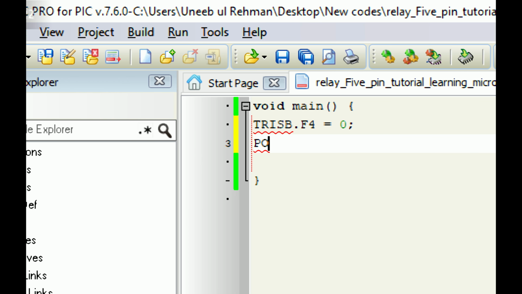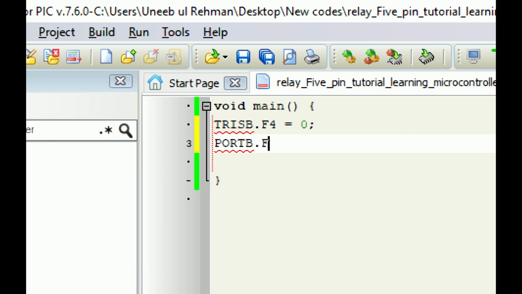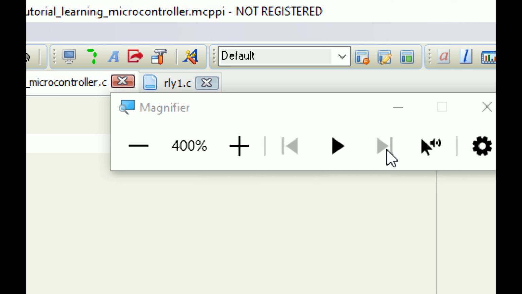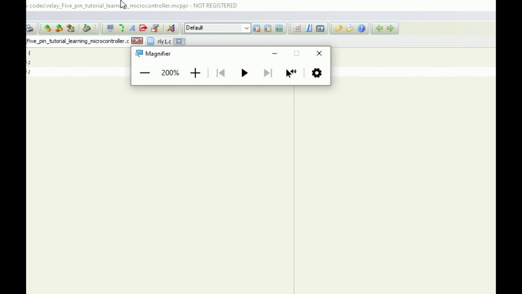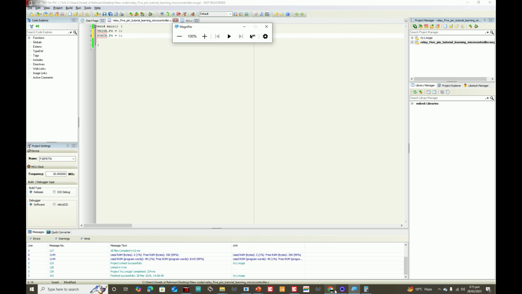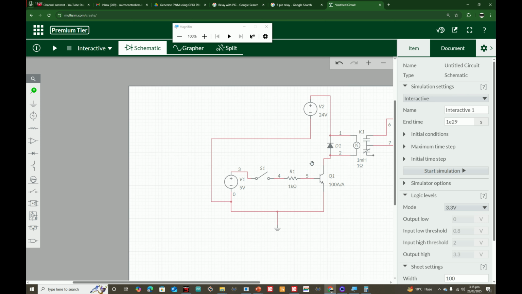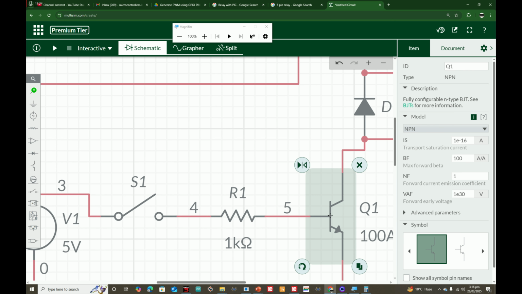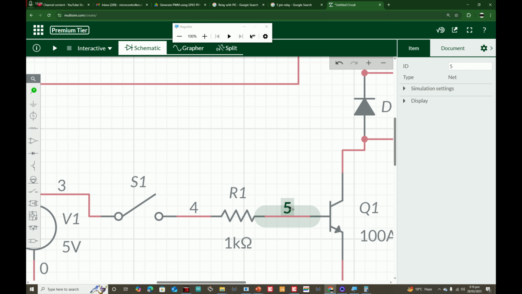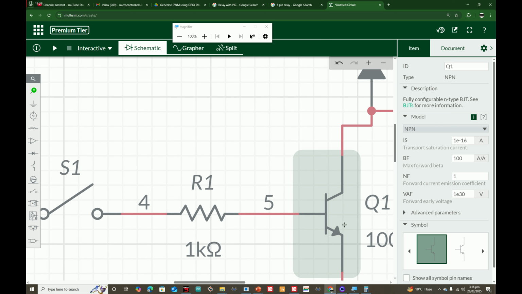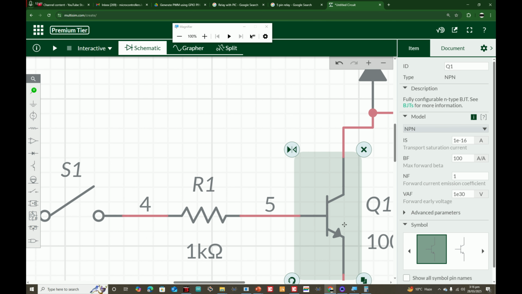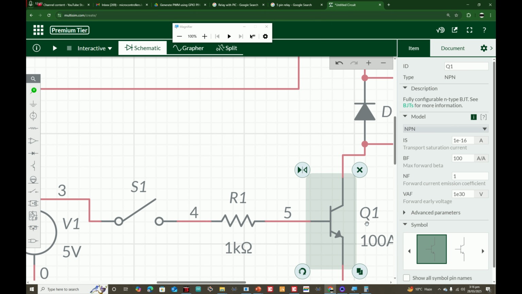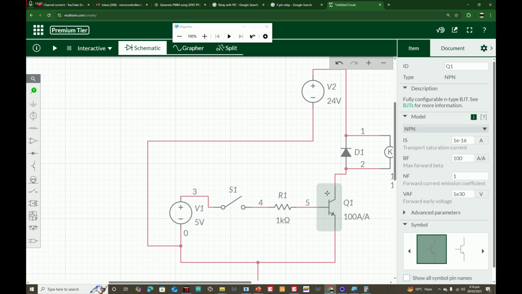So by default I want the relay to be at 0, because as per the simulation, I set its initial state to 0 because we have an NPN transistor here. If we have a PNP transistor here, then it is inverted. If you give a 0, it's on, 1 it's off. But in our case we are using NPN here. With an NPN, 1 means on, 0 means off.